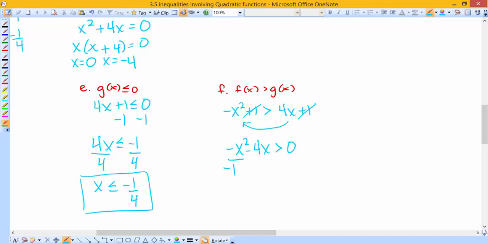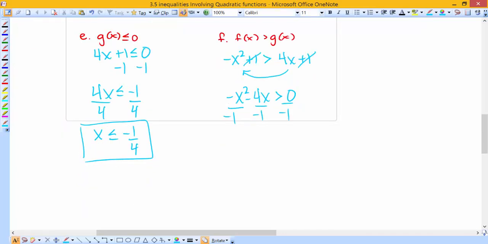And then I divided by a negative 1. Now we need to remember when you divide by a negative value, you must flip your inequality. Your sign changes. So x squared plus 4x is less than 0 now.